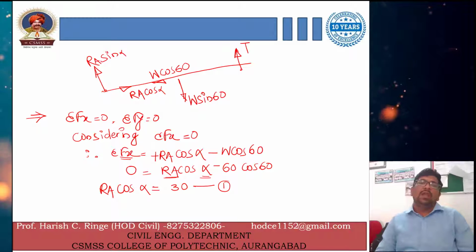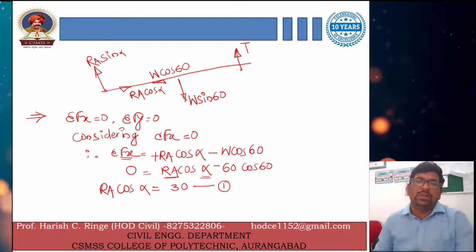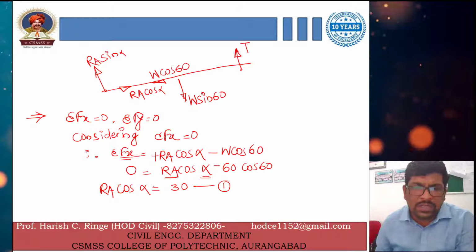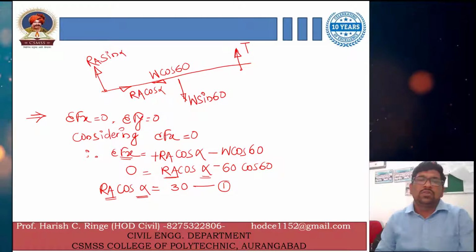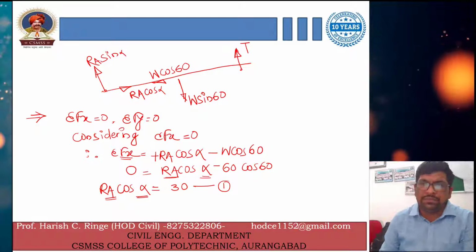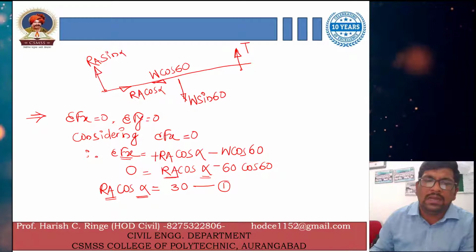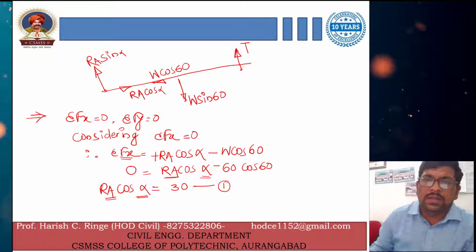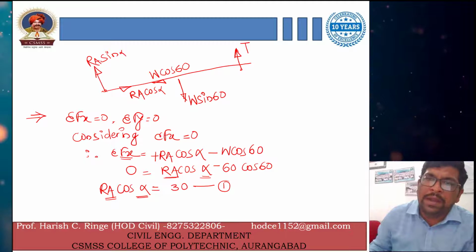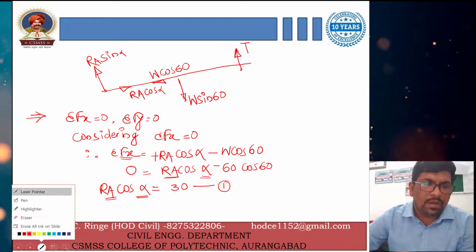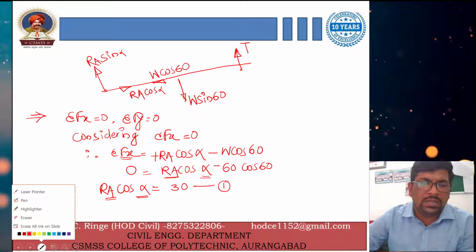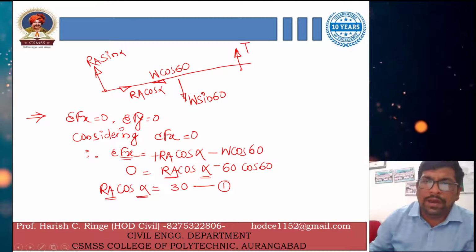We are interested in finding the values related to RA and alpha, is it right? So this is equation 1. Hope you have understood. I will change the color code and write down the equation.